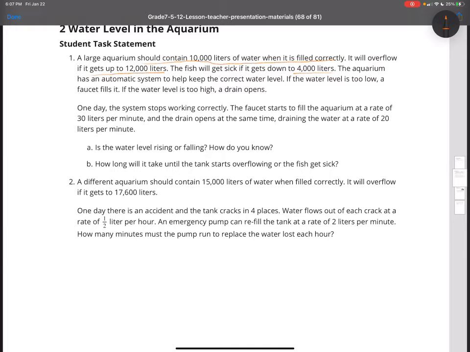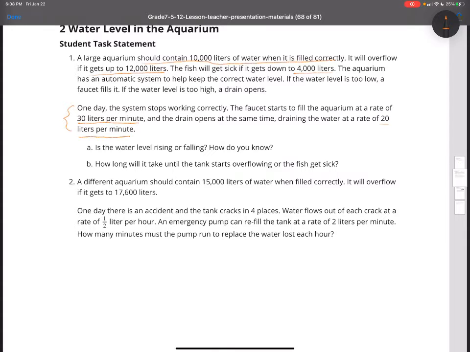In the small paragraph, the water starts to fill at 30 liters per minute, and it drains at a rate of 20 liters per minute. So part A is asking me, is it rising or falling?